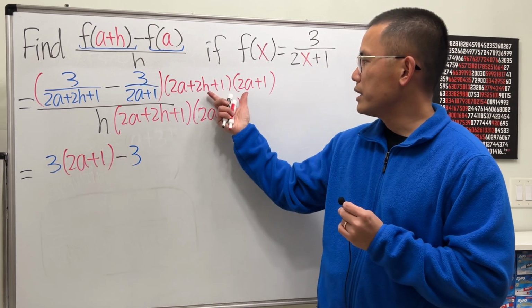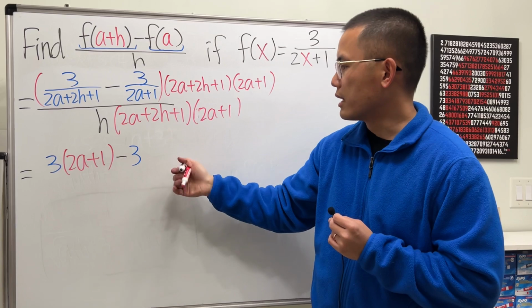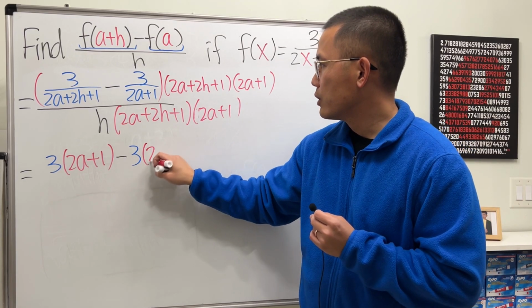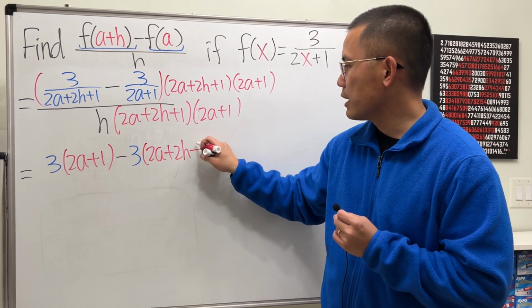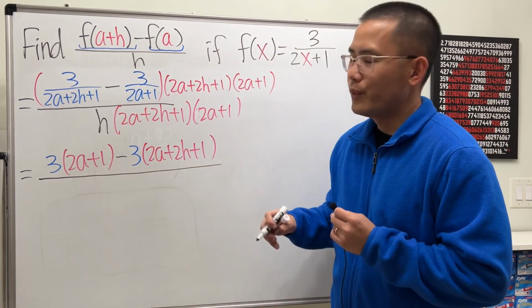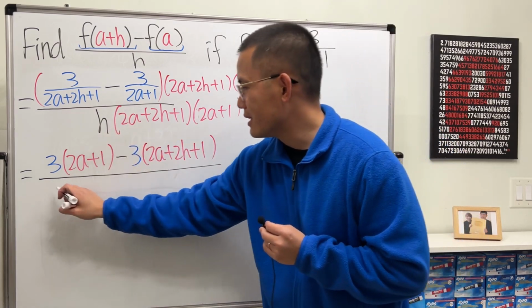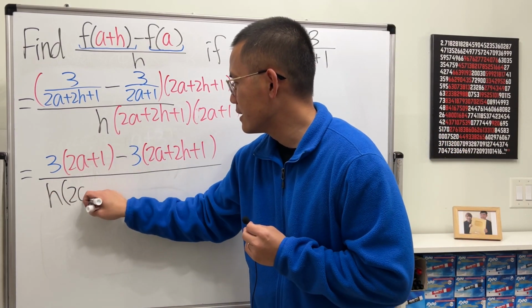And then when we take this times that, the 2a plus 1 cancel, so we have this part. So 2a plus 2h plus 1, okay? And then this is all over, well, you know it, just like earlier, the h will be cancelled later on, so just keep it. Do not multiply in the inside.